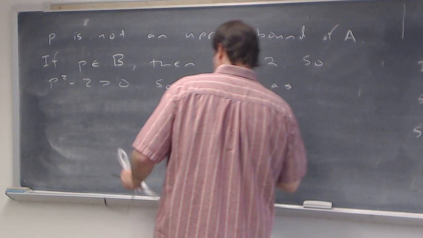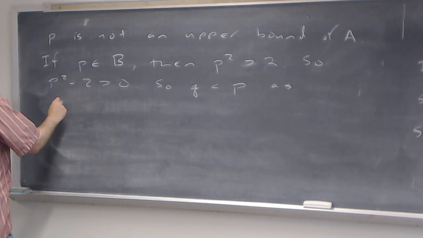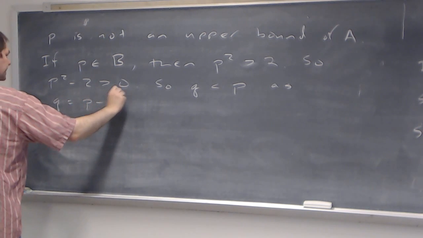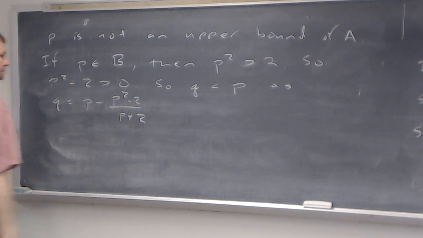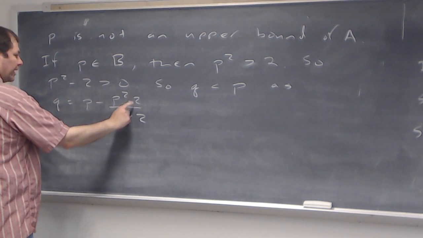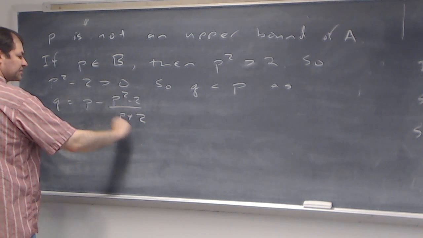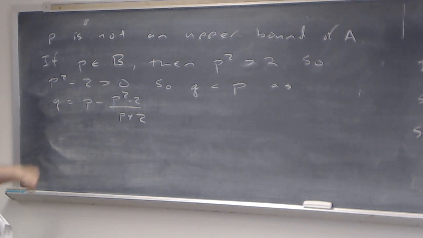Let's recall what q was. q was equal to p minus (p² minus 2) over (p+2). And so here, p² minus 2 is positive, p is positive, so p+2 is positive. This fraction is positive, so q is p minus some positive number. That means that q has to be less than p.